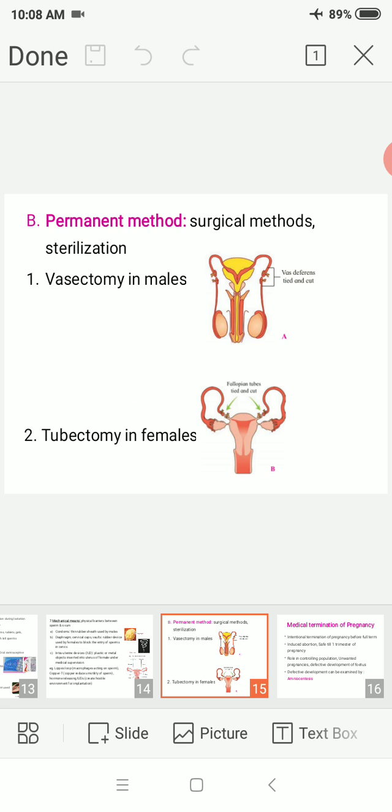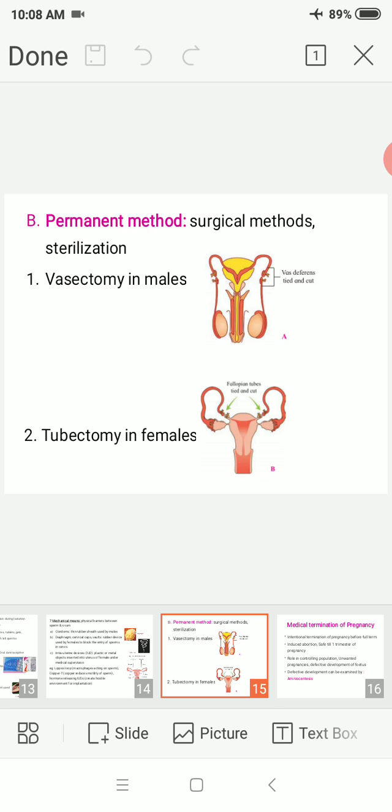Next one, permanent method. We have already studied the temporary methods of birth control. Now the second is the permanent method. Permanent methods are the surgical methods, or sterilization. First is vasectomy in male.